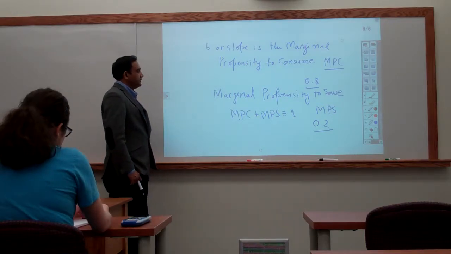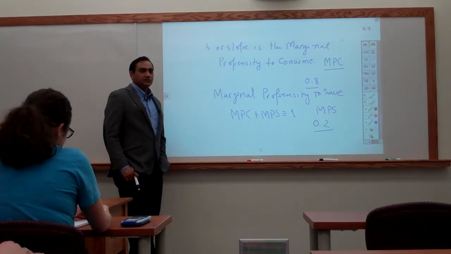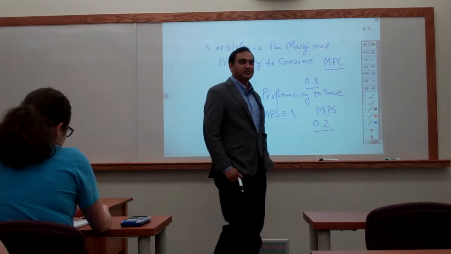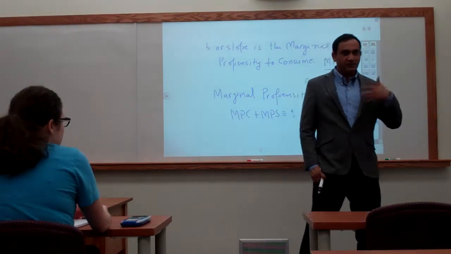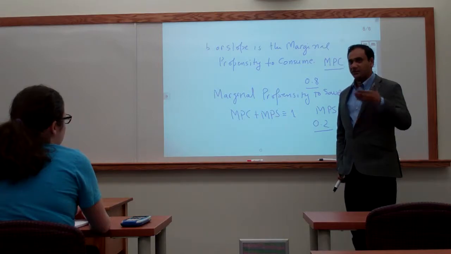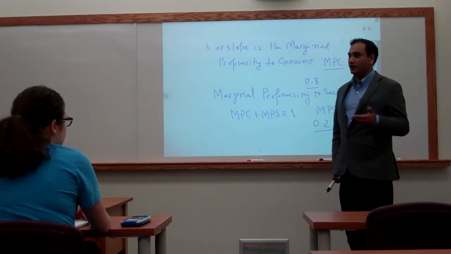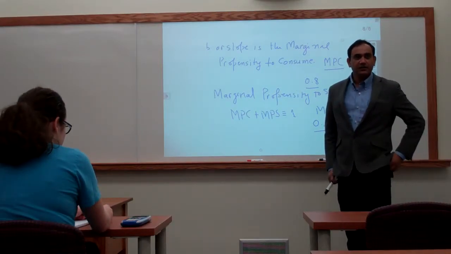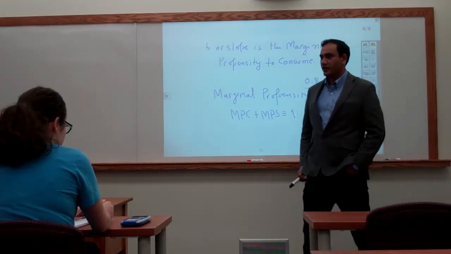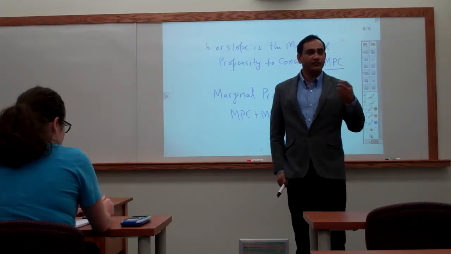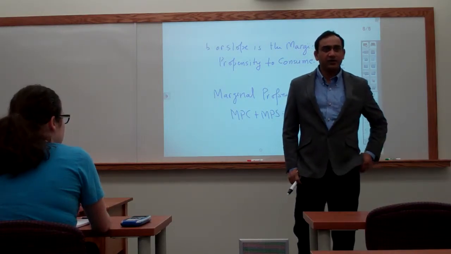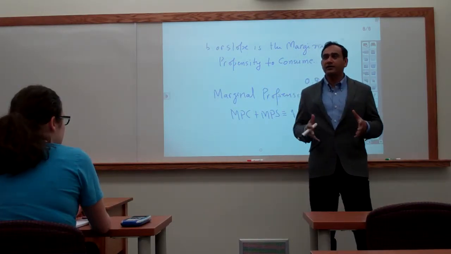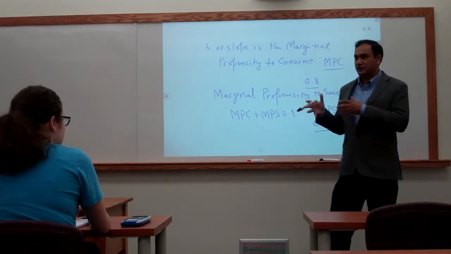Okay. So let me write down the equation to capture saving function. We know consumption function. Consumption equals A plus B times Y, right? We discussed in the previous slide. And you know what is the meaning of A and what is the meaning of B, right? So let's try to find a counterpart of that for savings.